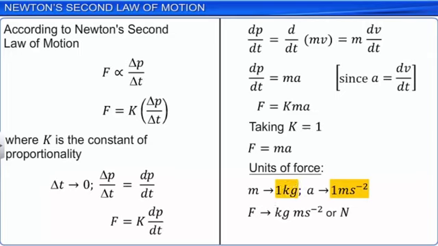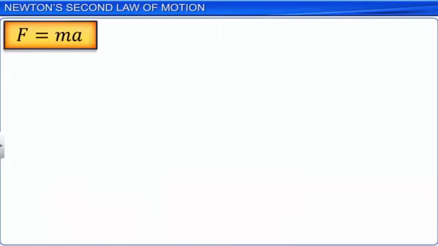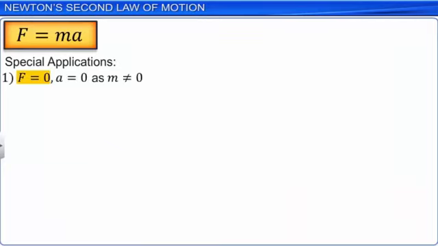This unit force is known as a Newton. There are certain special applications of Newton's second law of motion. When no force is applied on a body, there is no acceleration in its motion, since the mass of the body cannot be equal to 0. This is one way to write Newton's second law of motion.